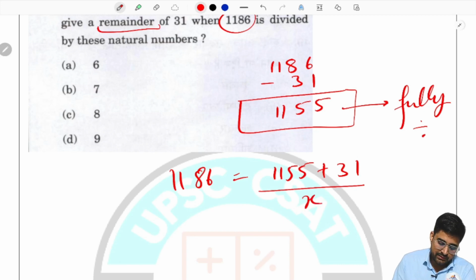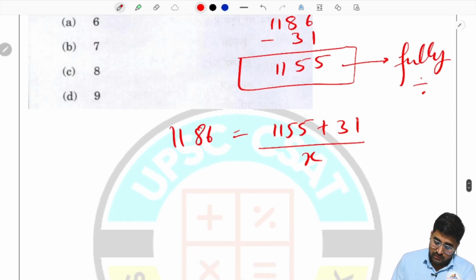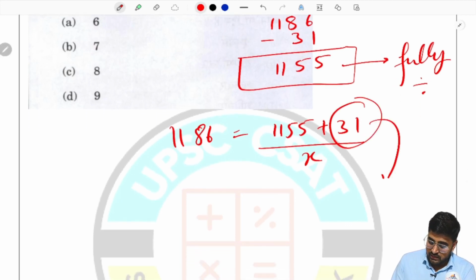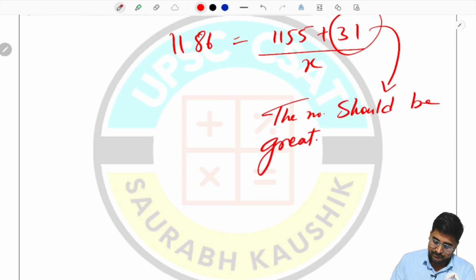For example, let's take the number x. One thing more is clear, that the number should be greater than 31.